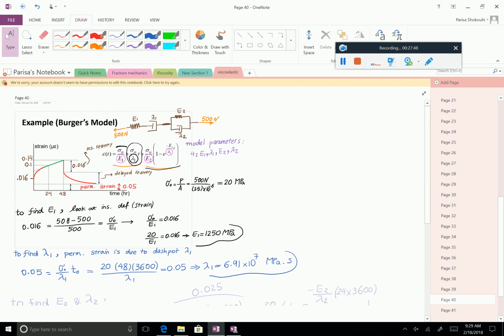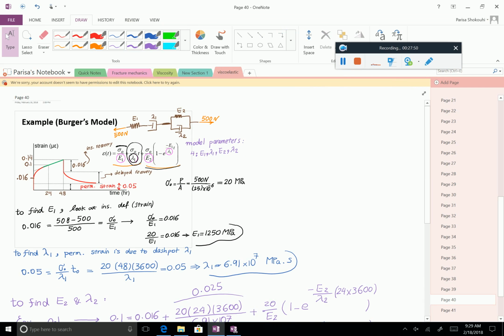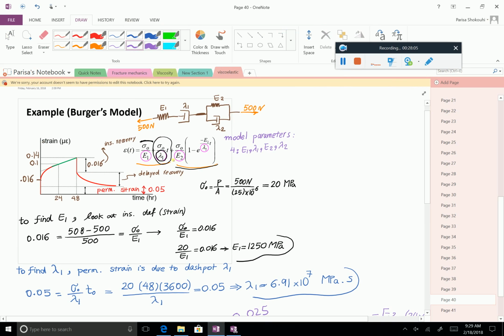So again, when we look for parameters, this is a very practical example, because typically what we do in the lab, we measure the response and then we try to fit a material model to the data and to obtain the parameters. We have to remind ourselves which part is instantaneous, which part doesn't recover, which part will recover later.